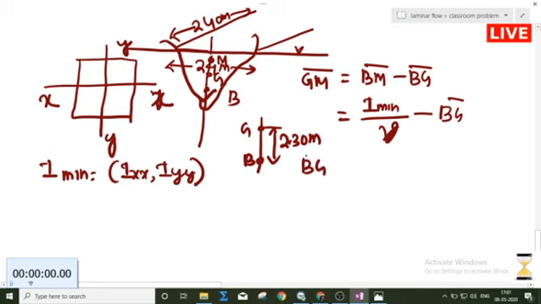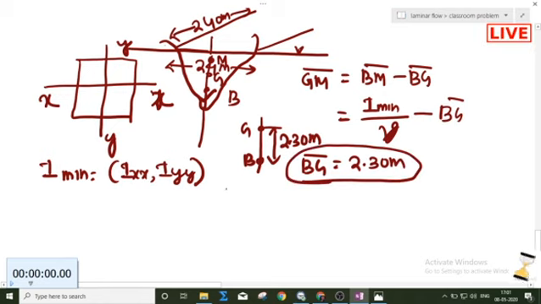So BG is clearly 2.30 meters. Only this BM has to be found. First of all, find the minimum moment of inertia, which is 2/3 of the rectangle's.